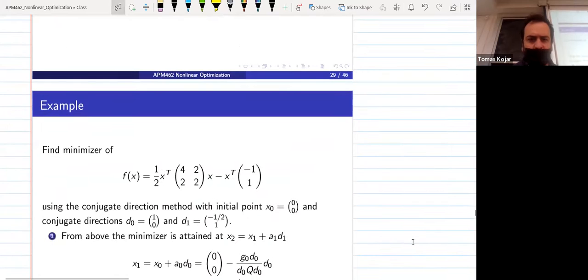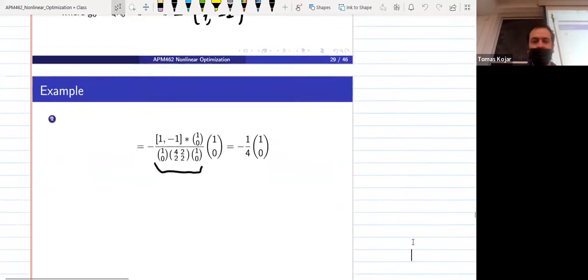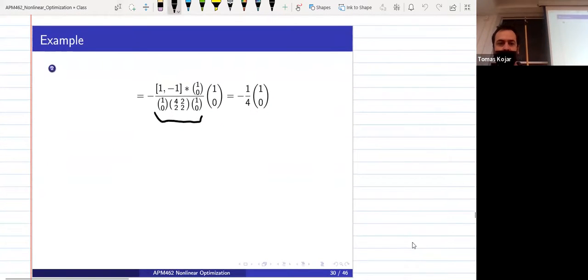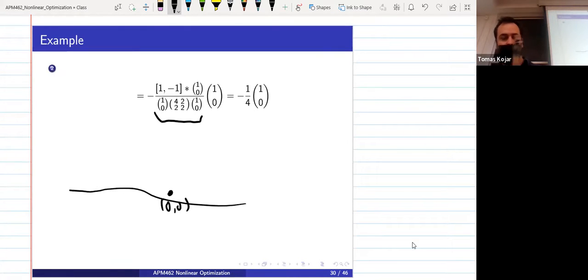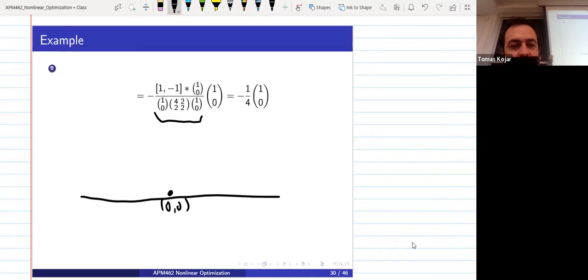So what was x0? Oh, (0, 0). So the method went from (0, 0) to the first step on the x-axis. That's terrible. Can't draw a line over here. Minus 1/4, 0, right? So it went like this from x0 to x1.